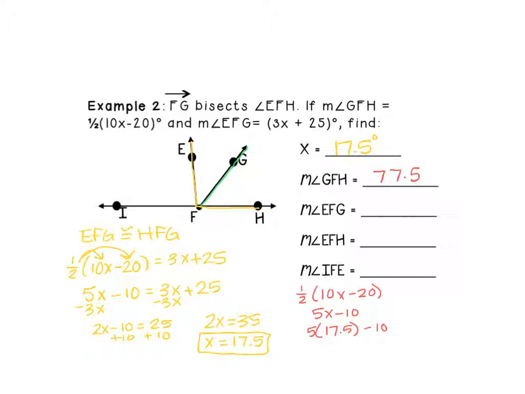Now I know that EFG and HFG or GFH have to be the same because EFH was bisected, so this is also just going to be 77.5. Now EFH, if I use the angle addition postulate, because it's made up of these two angles, I should just be able to add these to get EFH. So it's just 77.5 plus 77.5, which is 155.